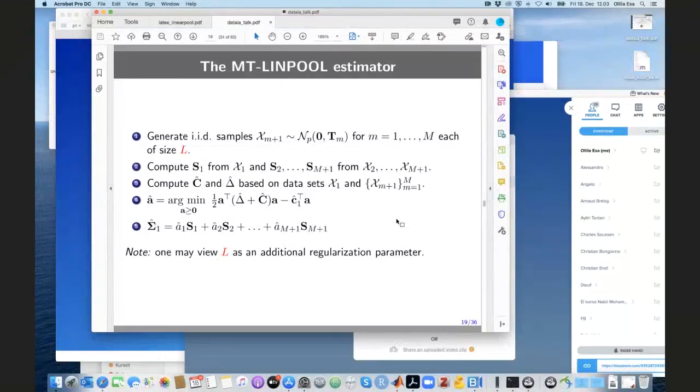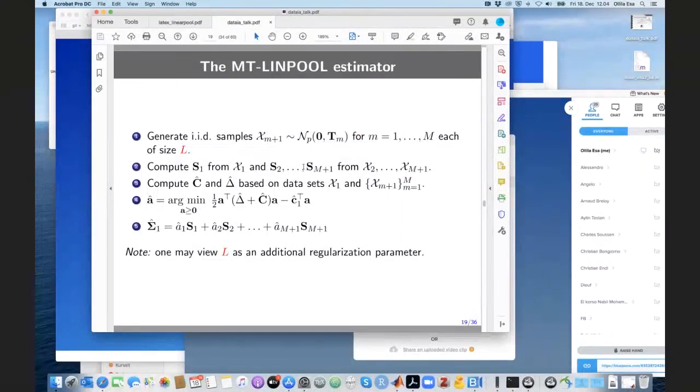So we can generate samples from a multinormal distribution that have the same covariance matrix structure as these target matrices, and then we just compute the sample covariance matrix from this data.